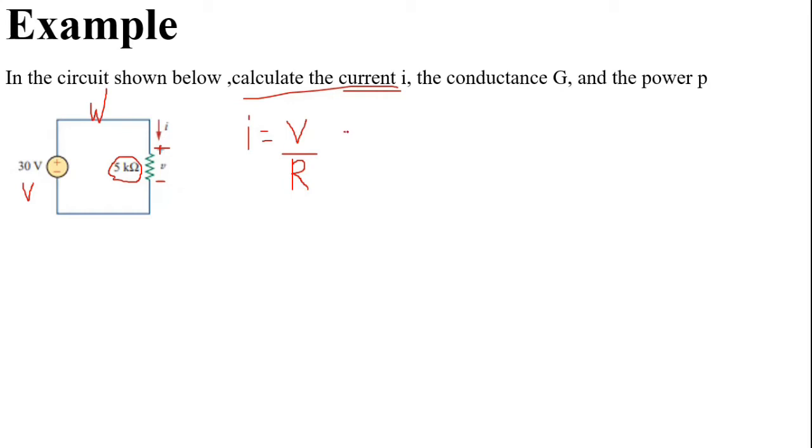So current I can be calculated as the voltage across this resistance, 30 volt, because this terminal is in parallel with this element, so we can use 30 volt over 5 kilo ohm.